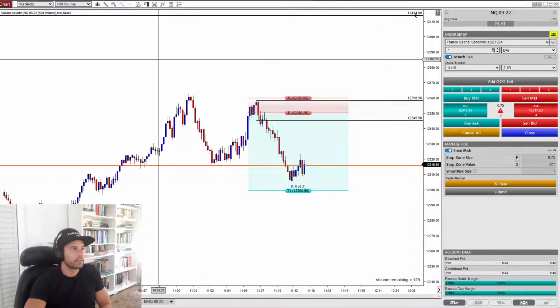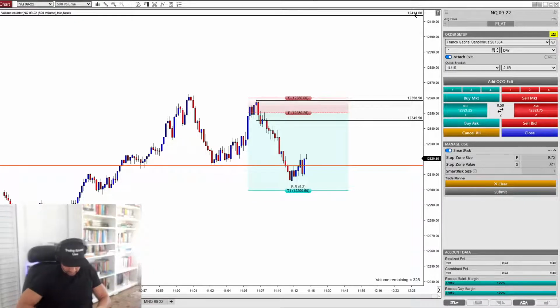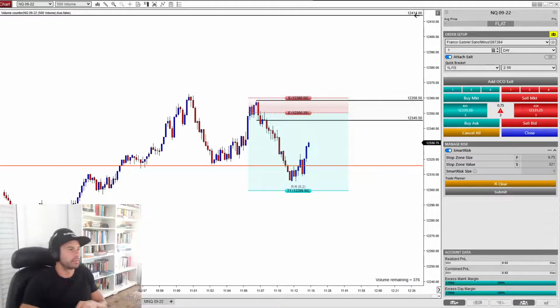What I need to wait for is just a tick chart. Wow, the ADQD just collapsed. That's not good. That is not good for my trade.